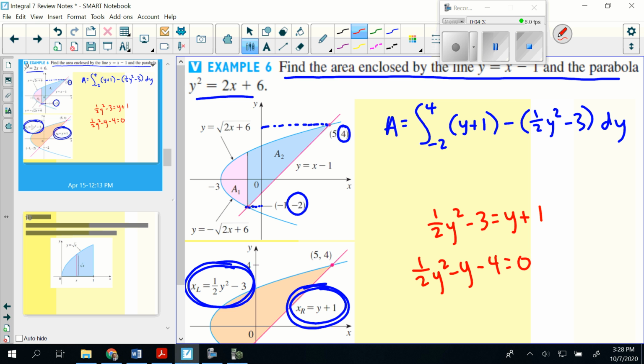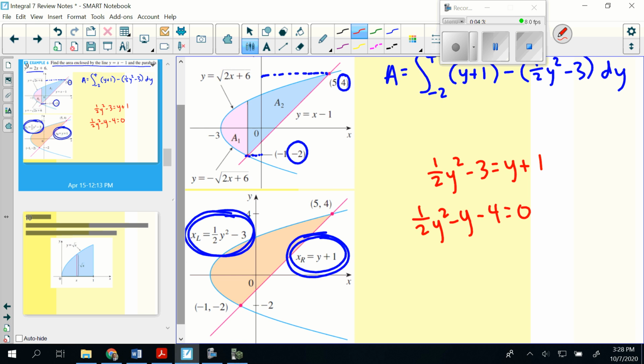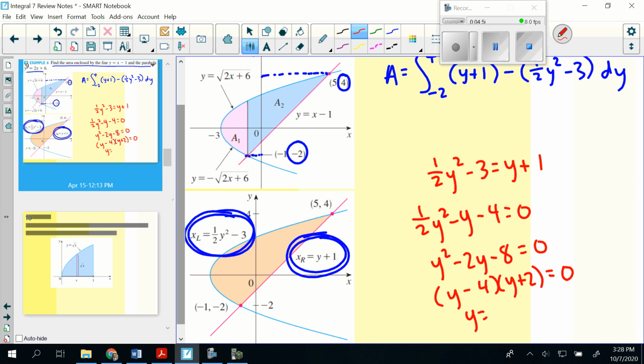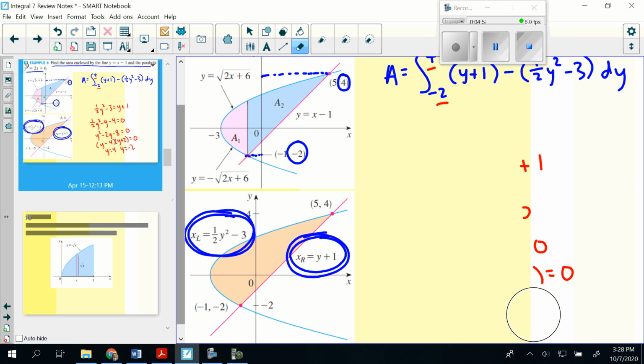If you multiply through by 2 to clear the half, we get this. Now if you factor that, you get this. And if you solve this, see how we get 4 and negative 2, the same two numbers we got up here. So that's how you do it if you did not have the picture to work with.